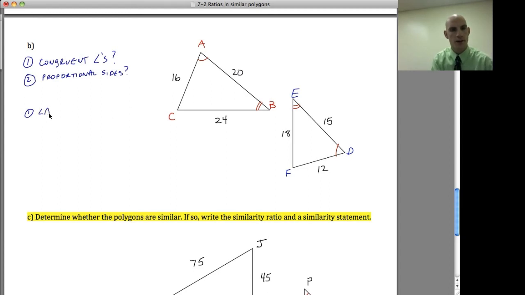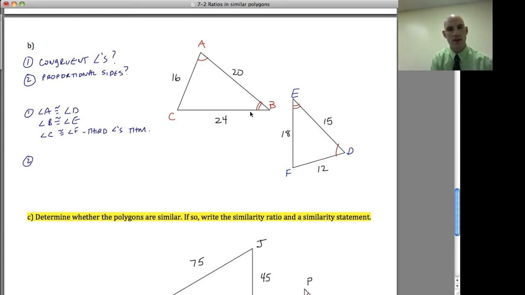Well, angle A is congruent to angle D, and angle B is congruent to angle E. And so that means that angle C must be congruent to angle F by the third angles theorem. Okay, so we have 3 congruent angles. Let's test the sides.